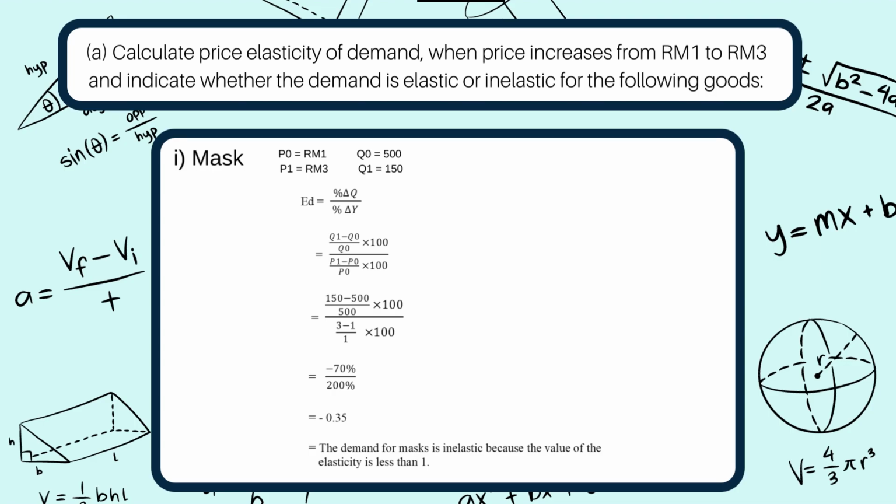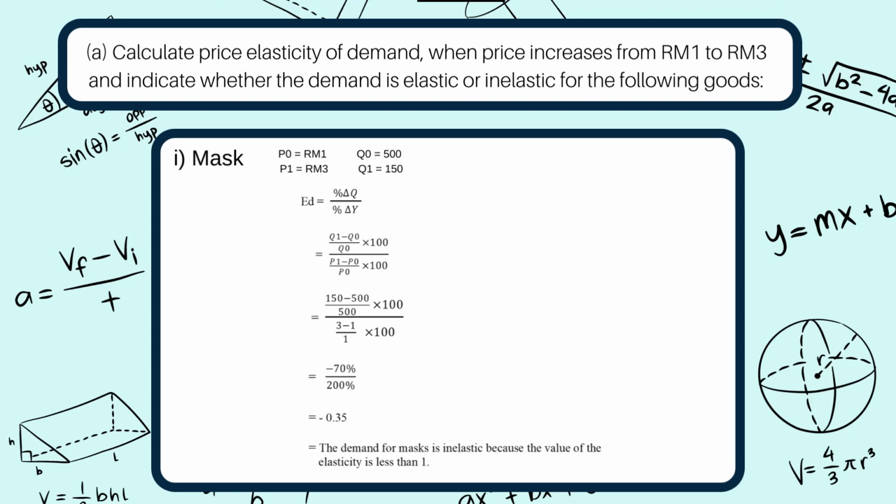I will explain how to calculate for mask. P0 equals RM1, P1 is RM3, quantity 0 is 500, quantity 1 is 115. I use the formula ED equals percentage change in quantity demanded divided by percentage change in price.